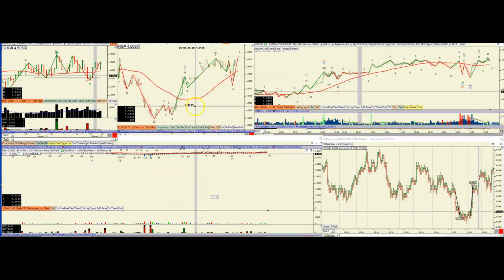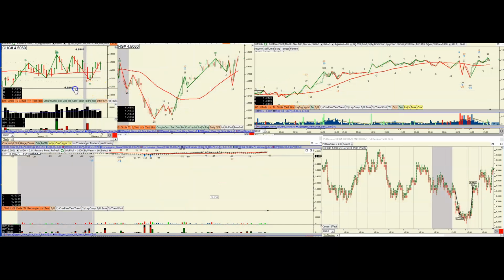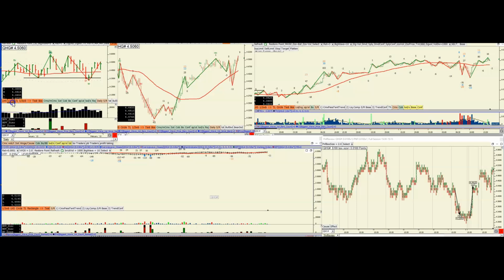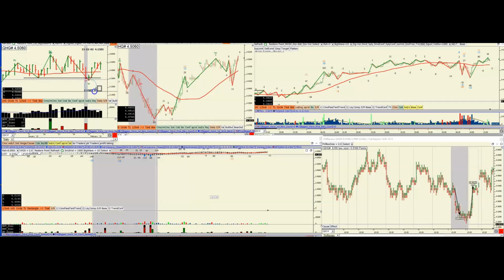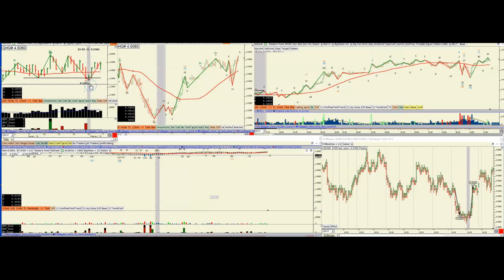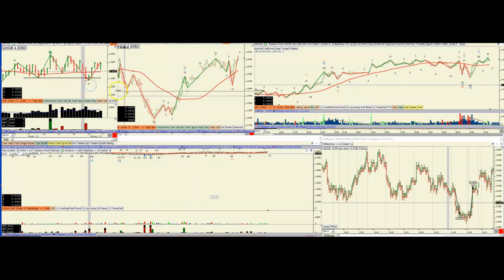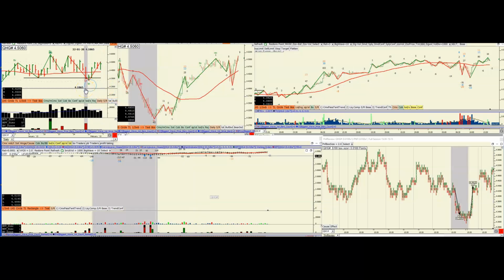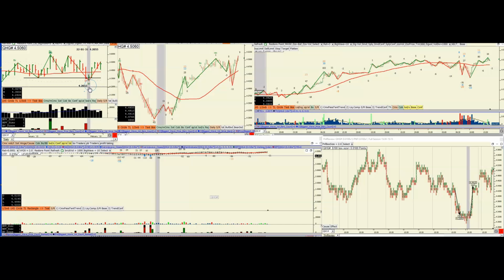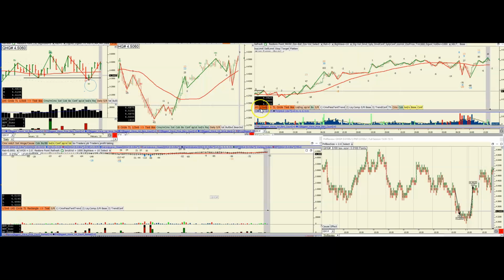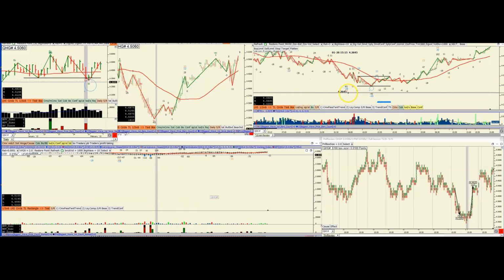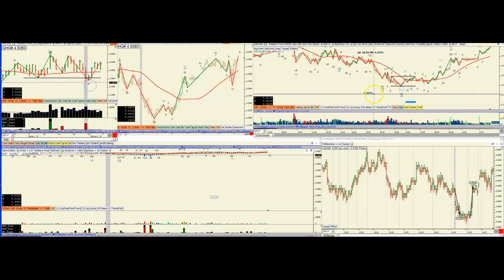Okay, we're going to take a look at the spring on copper. So there's a spring right there, right? Again, don't be scared by the big red bar. It's a climactic bar. How do you know? The little green bar right after it, and just by looking at what's happening here.